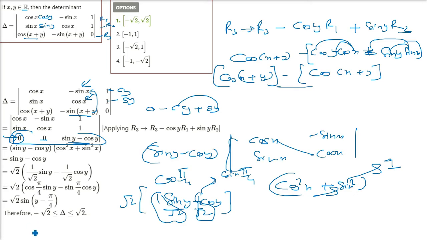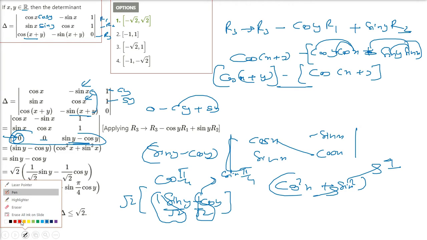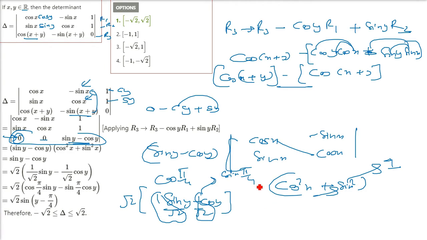So root 2 is outside, you get cos pi by 4 sin y minus sin pi by 4 cos y. Because cos 45 degree, sin 45 degree, they both are 1 by root 2. So you get cos a sin b minus sin a cos b, that is sin(a minus b). So sin(y minus pi by 4).